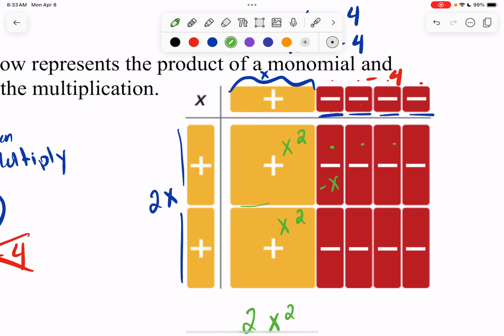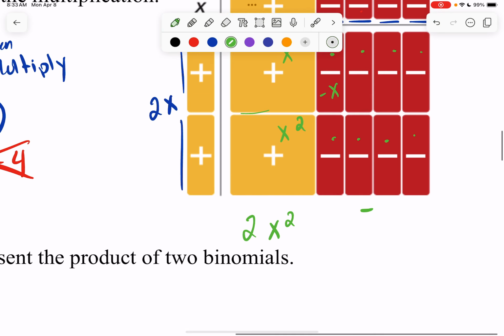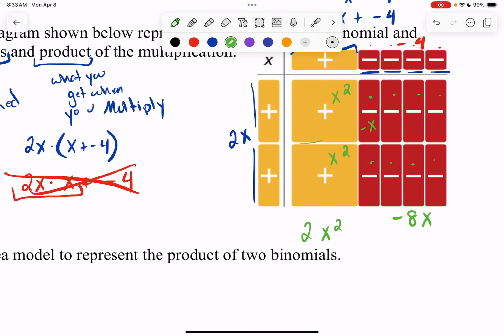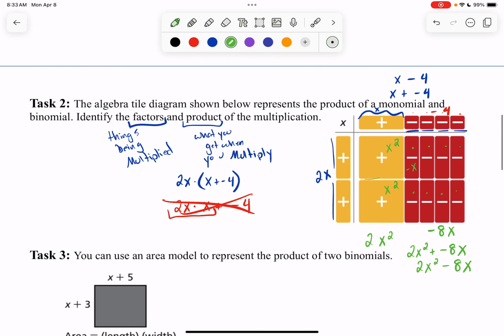I've got 1, 2, 3, 4, 5, 6, 7, 8. I have 8 negative X's, so -8X. So when I multiply these two, I get a 2x to the second and a -8x. So I end up with 2x to the second minus 8x is what I get when I multiply them.